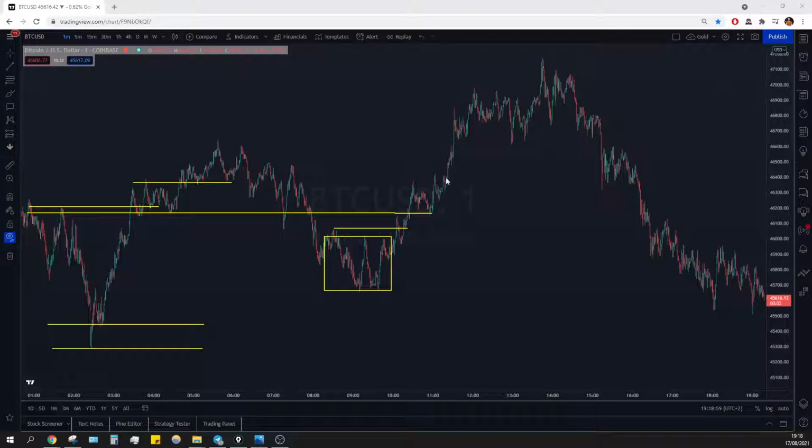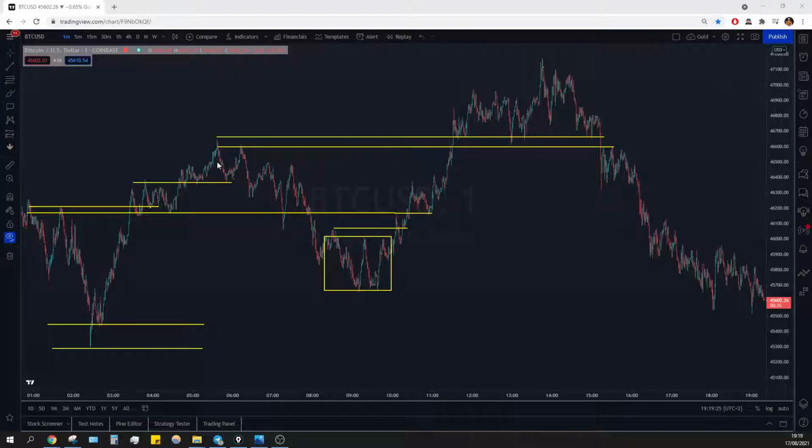Then we have some action here. We have price bouncing exactly from the previous highs, and it is exactly the same level where it gets respected over here, as you can see. And then we have the failure to break and sort of a retest of this level, which is the same, these previous highs.